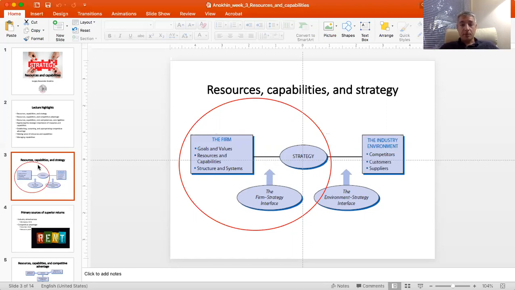Resources and capabilities are really the core of what constitutes the strategy. Together, they are responsible for about 30% of the firm performance. And this is the largest chunk that we are able to understand, are able to explain, because you remember about 50% of company performance is complete noise. We don't really know where it comes from. It can be luck, it can be circumstances, any number of things.